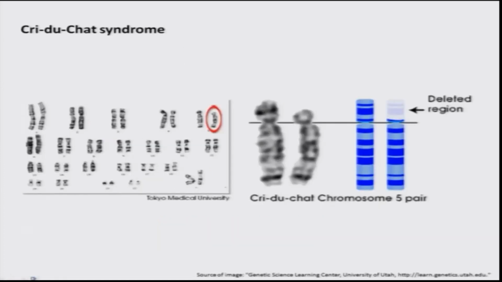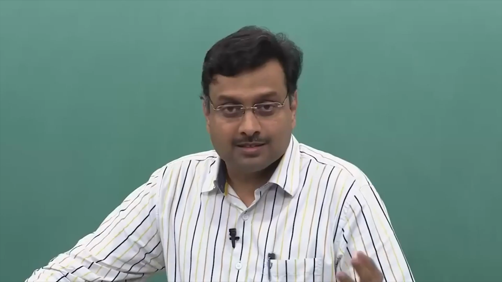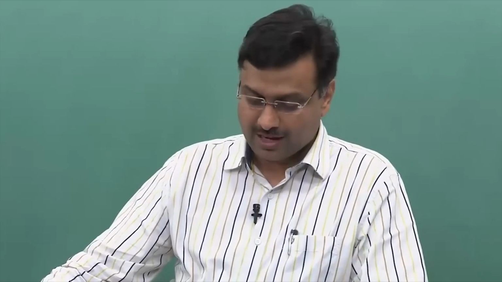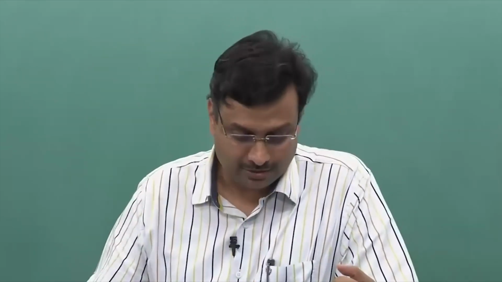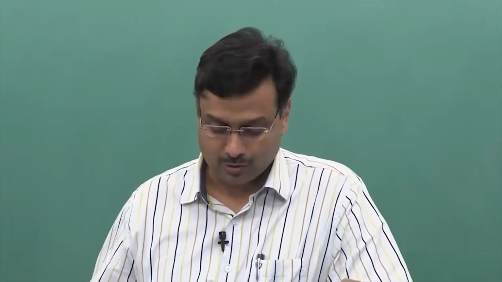An example of that is the condition called Cri-du-chat syndrome, a congenital condition where babies make a sound that resembles a cat crying. That's one of the reasons why it's called Cri-du-chat syndrome, but they have many congenital anomalies in the way the organs are developed and so on.